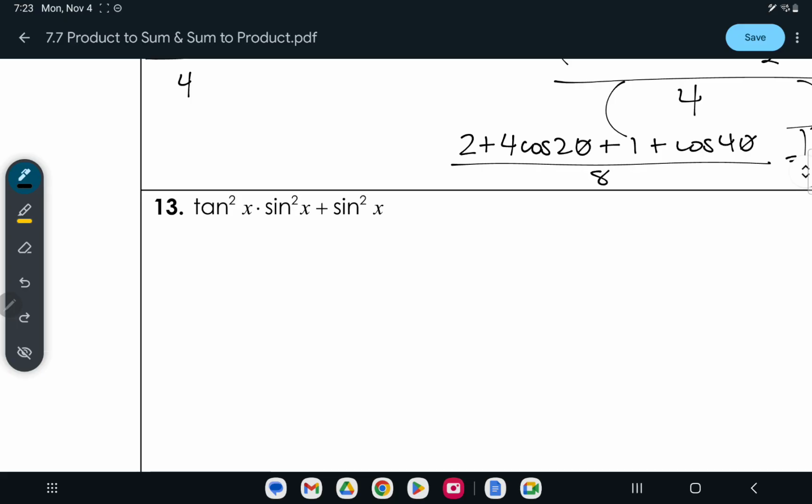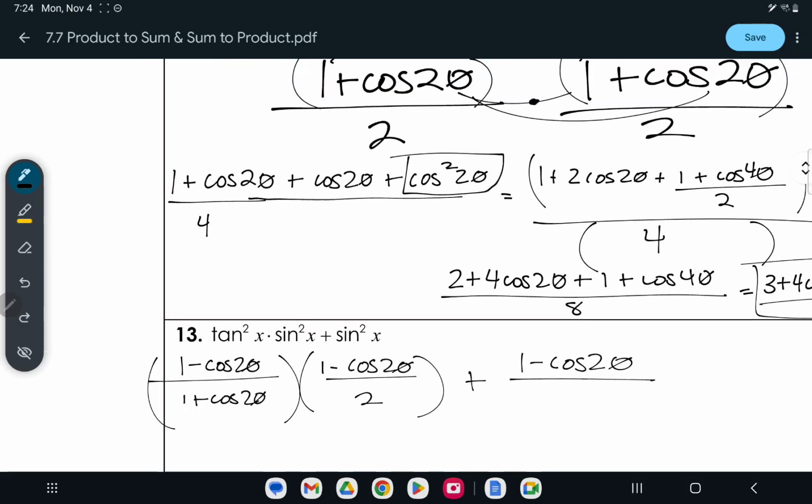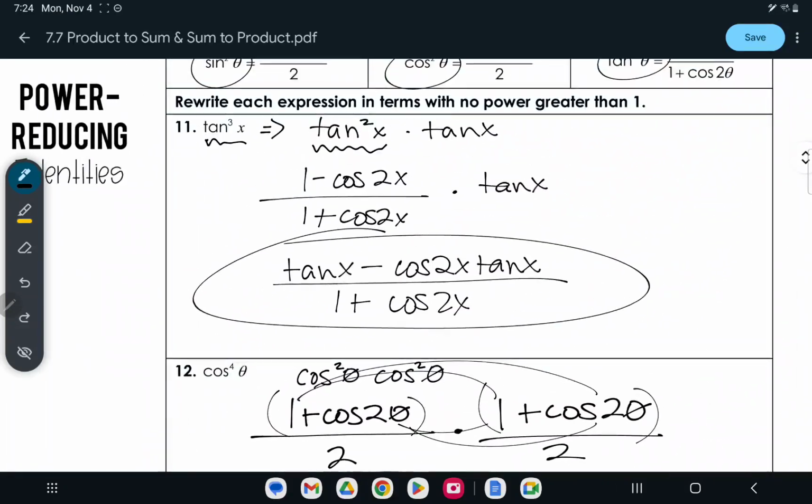All right, tangent squared is 1 minus cosine 2 theta over 1 plus cosine 2 theta. Sine squared is 1 minus cosine 2 theta over 2. And then I can just write it again. 1 minus cosine 2 theta. Oh, have all of these been an x and I've just been, nope, that was a theta. Okay.